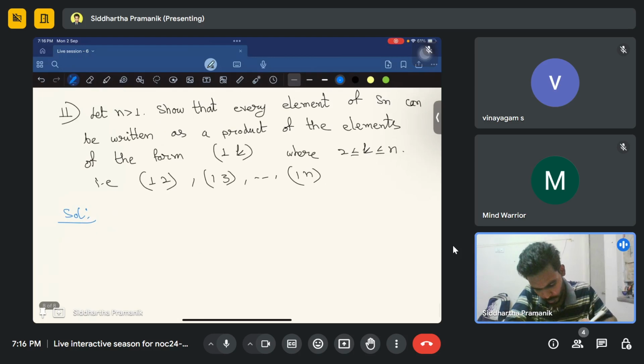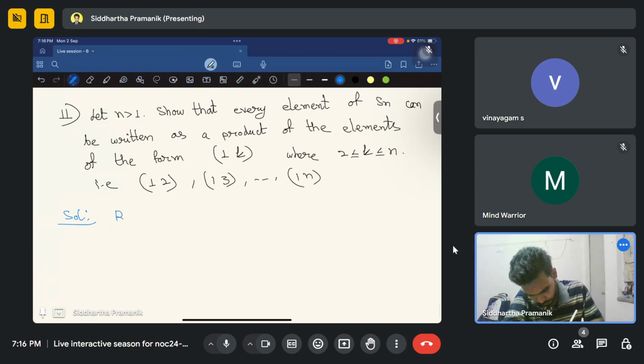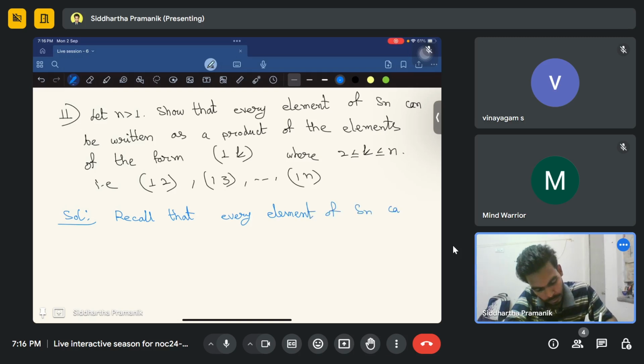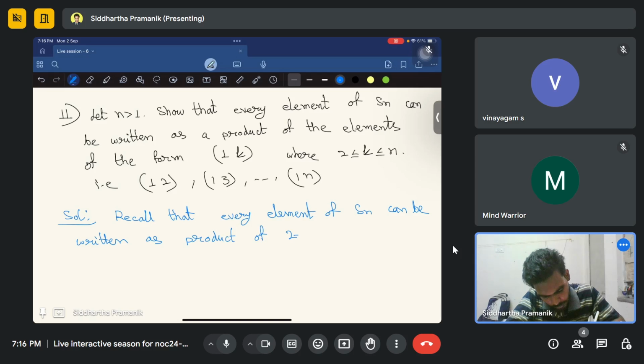So first of all, recall that every element of Sn can be written as a product of two cycles or transpositions. Right? This we have seen in the lectures.